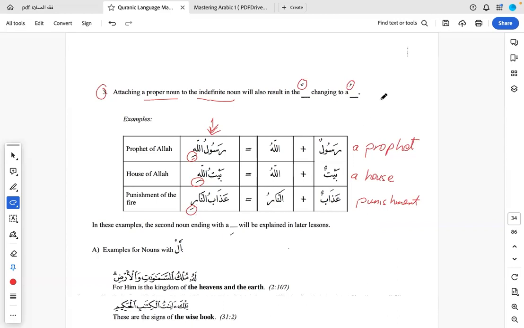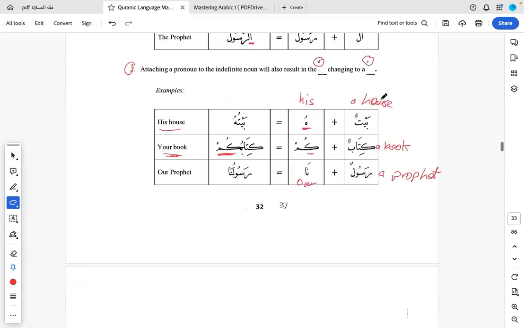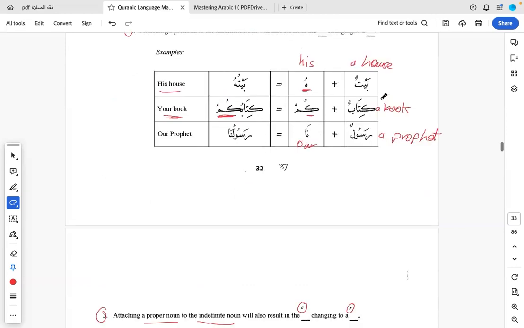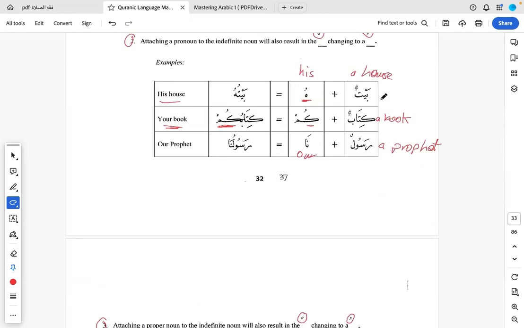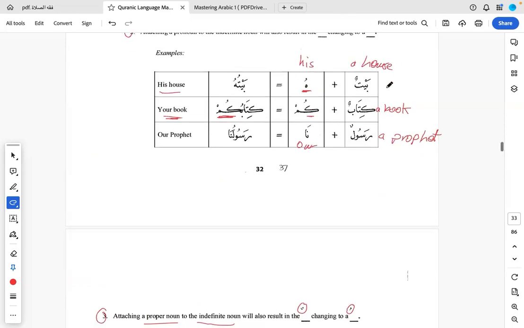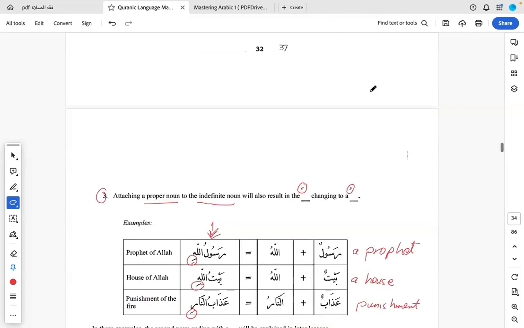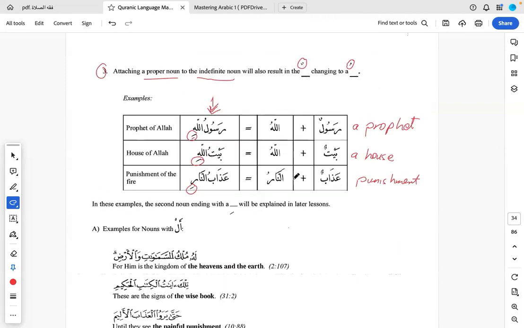So this is why in techniques 2 and 3, since the indefinite word has been added to a pronoun that refers to its owner, or added to another noun, it made it definite.